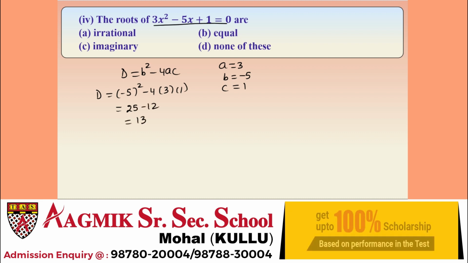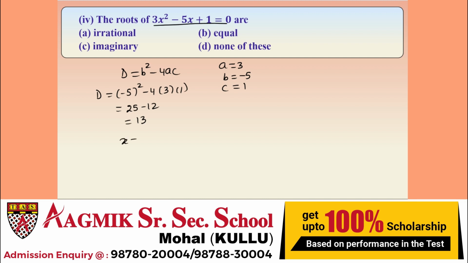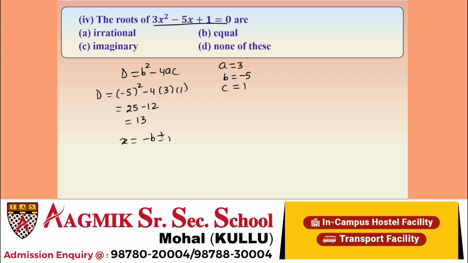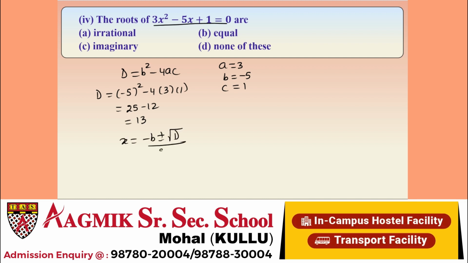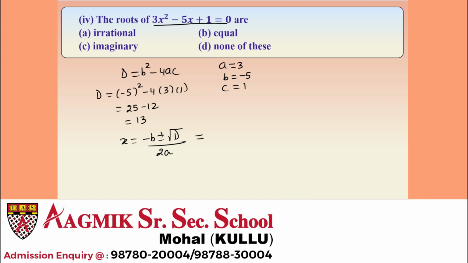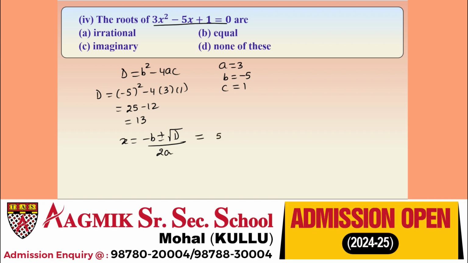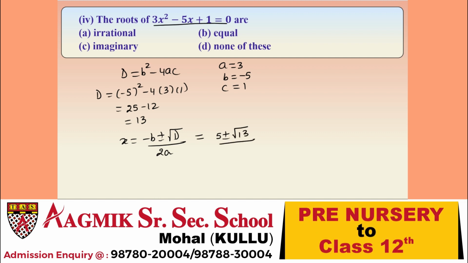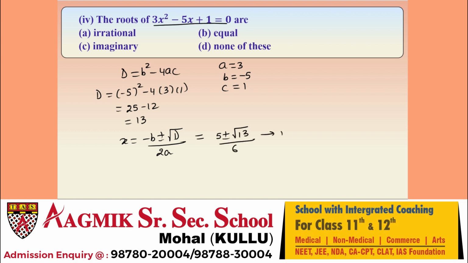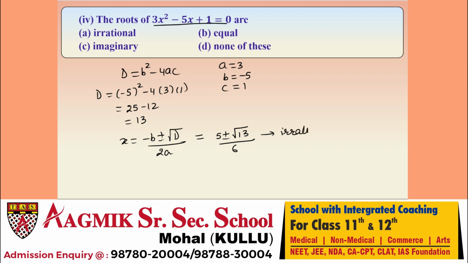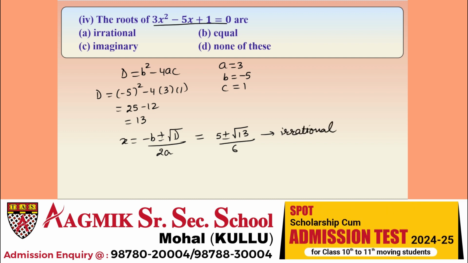It is not a perfect square. So you know that quadratic formula is minus b plus minus under root of D divided by 2a. So if D is not a perfect square, that means you will have term inside the square root. So you will have 5 plus minus root 13 by 2 3 is 6. So you can see these roots are irrational. Alright. So therefore we have A option correct.